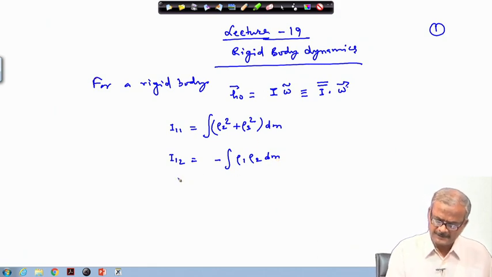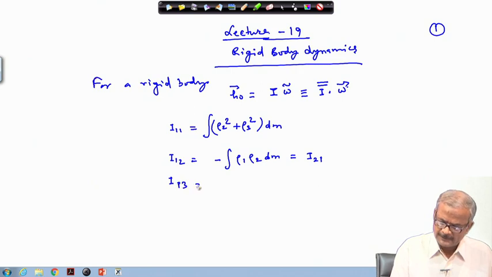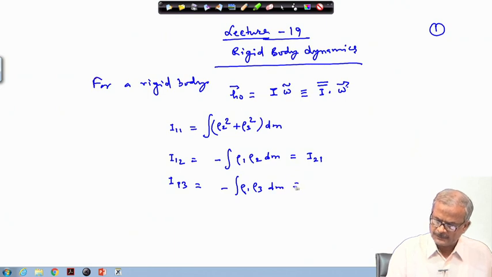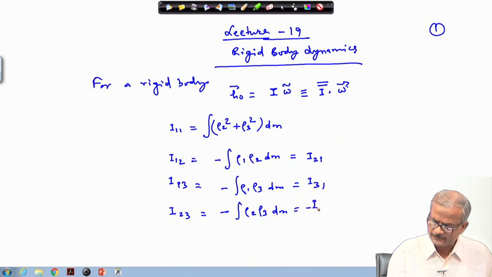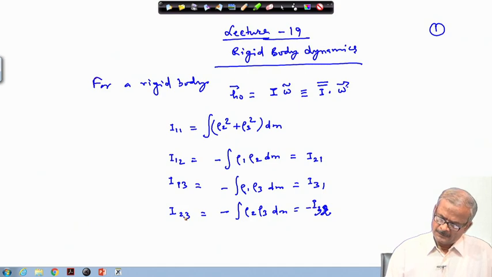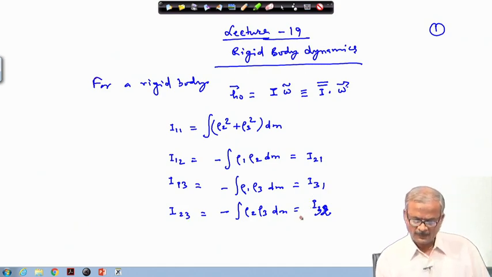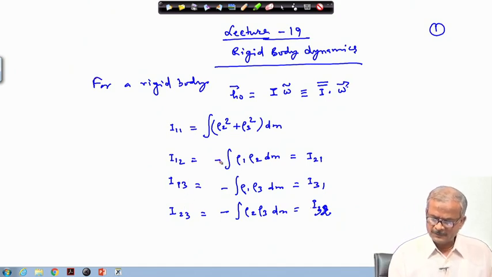All the terms in the inertia can be written this way, okay. And I 3 is minus rho 1 rho 3 dm equal to I 1. Similarly, rho 2 rho 3 dm equals minus I 2. This is plus here, not minus. The way we have written, we have absorbed the minus sign in this place, okay.